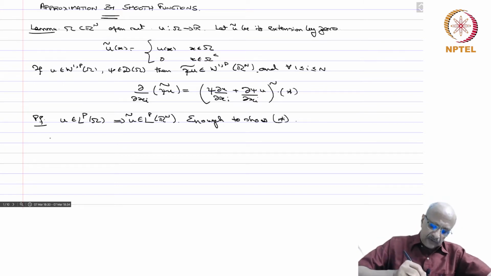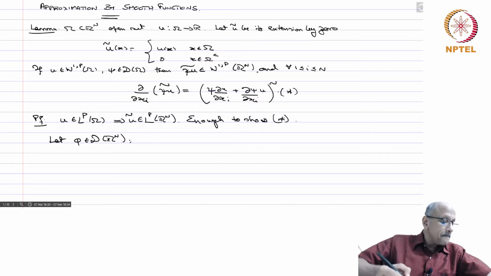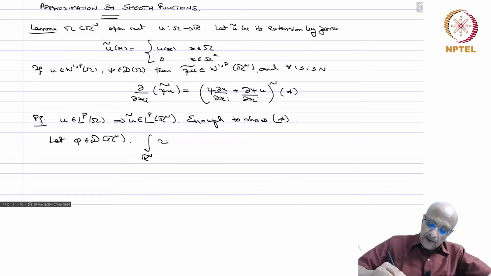So we straight away calculate. Let phi belong to D(R^n). What is the integral over R^n of psi u tilde d phi by dxi dx?